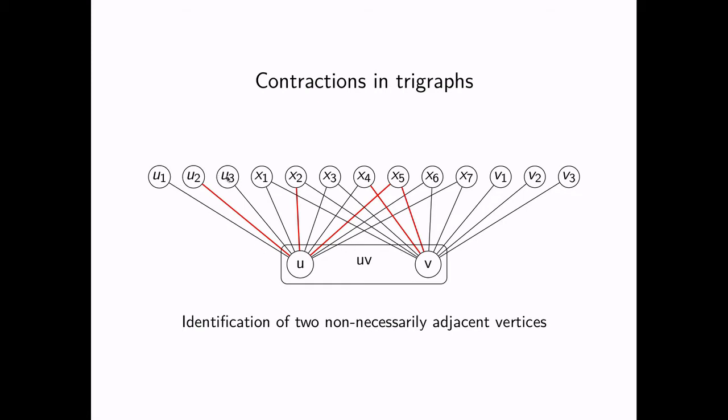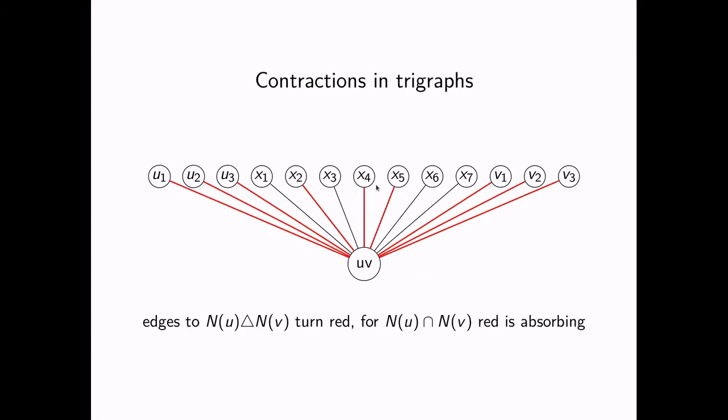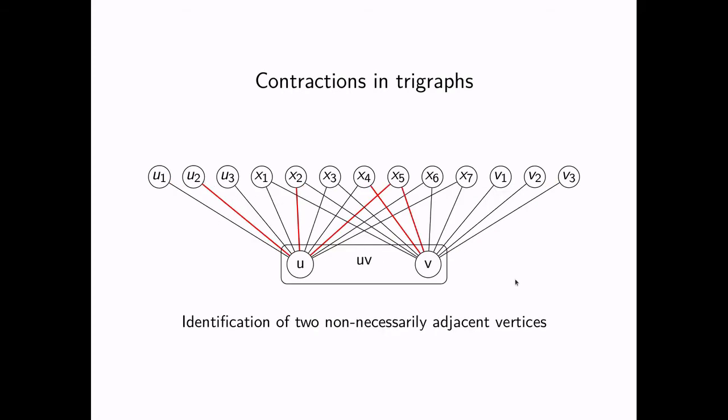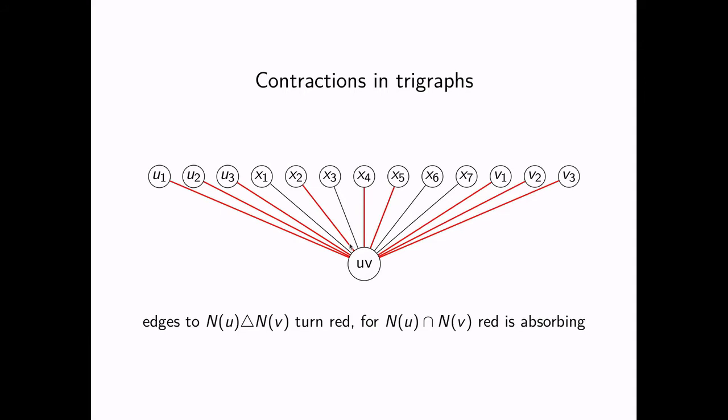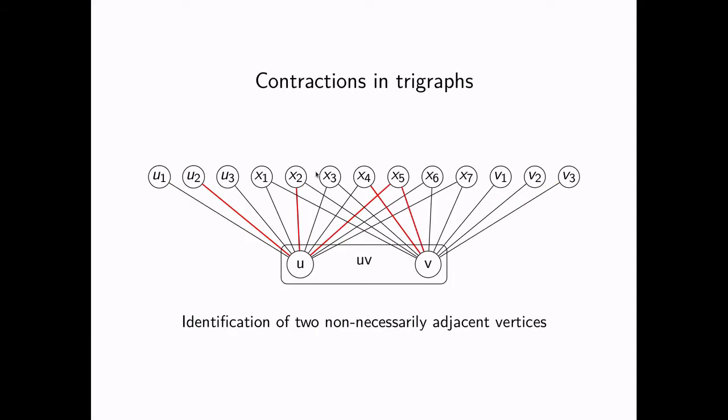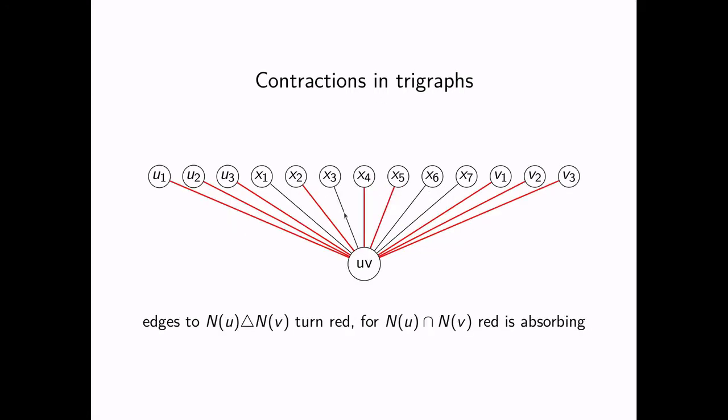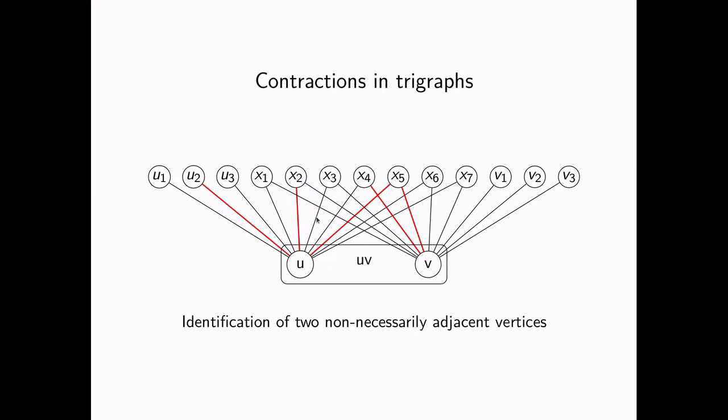What is in the private neighbors of U and V will now be linked with a red edge, because indeed there is at least one edge and at least one non-edge. And in the intersection of the neighborhoods, vertices x1 to x7, black edges will remain only when there was a black edge towards both vertices.